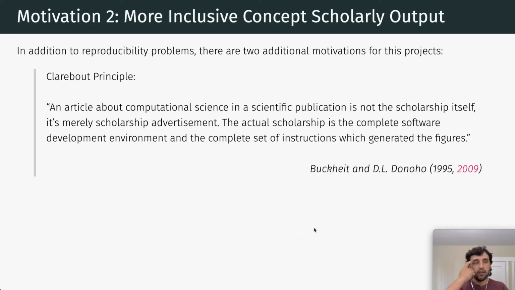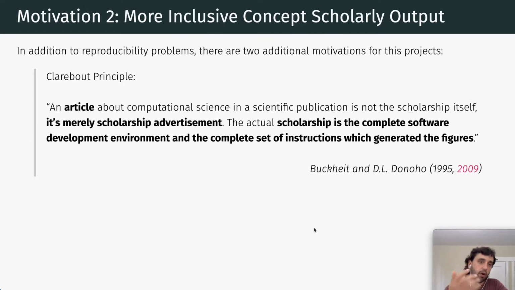The second motivation is this idea, and this is almost a mandatory quote when talking about computational reproducibility, but with a slightly different angle. When we talk about a scholarly output, we should not only be talking about the paper, and this is where the Claerbout principle comes in.